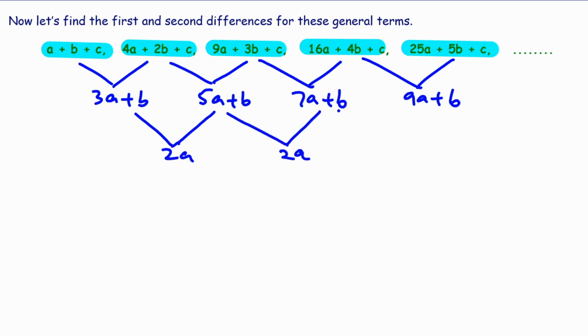That will be 2A as well. And 2A. Which makes sense, because for a quadratic sequence the second differences should be the same, and we have 2A in each case.